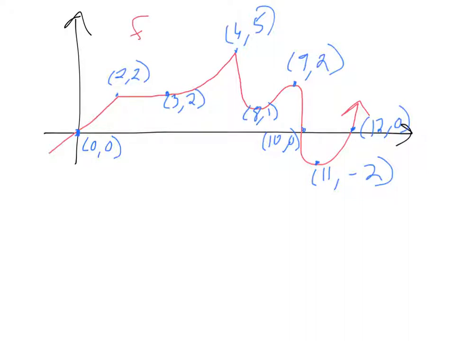So here we have another example of a function that is doing a bunch of different things in different intervals. Let's identify over what intervals this function is increasing, and over what intervals f of x is decreasing.